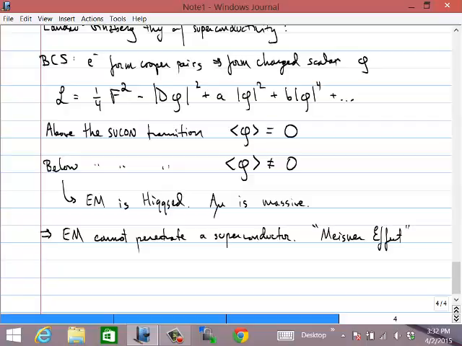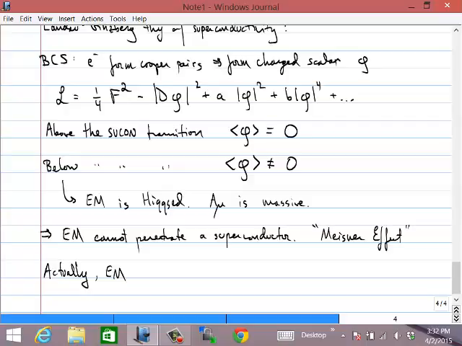Now actually, using this Landau-Ginzburg model, we can take this logic a little bit further. Electromagnetic fields can penetrate a superconductor, but when they do, they'll fall off very quickly, exponentially.